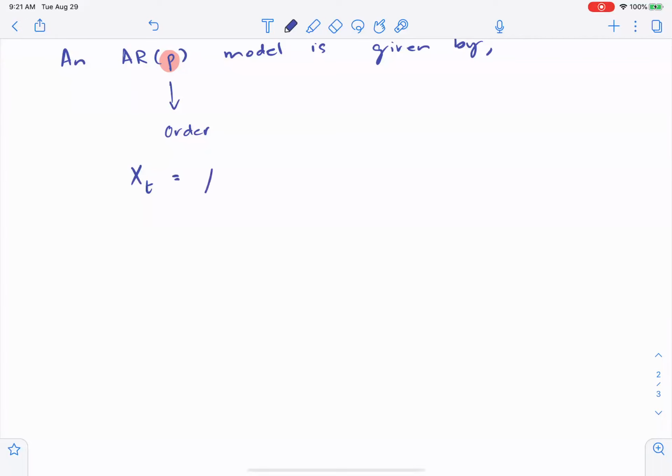Xt would equal mu plus psi 1 xt minus 1, psi 2 xt minus 2, psi 3 xt minus 3, plus and so on, all the way up to psi p xt minus p.